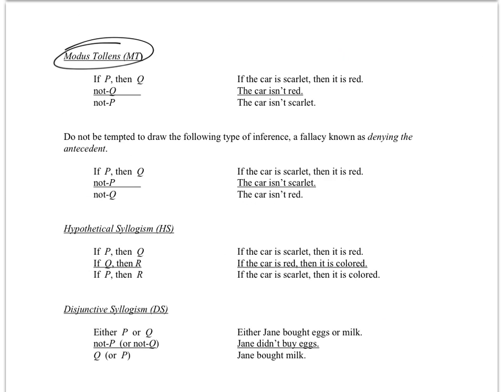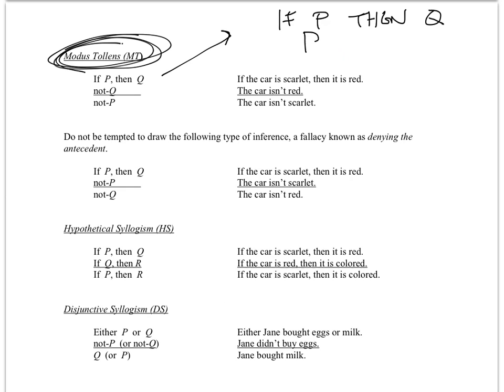And on the following page of the lecture notes, we have several different types of argument forms that are valid. This is called modus tollens, which is different from modus ponens. Modus ponens is an argument that says if P, then Q, and you have a perfect agreement with the P. And that enables you to logically conclude that Q is the case.